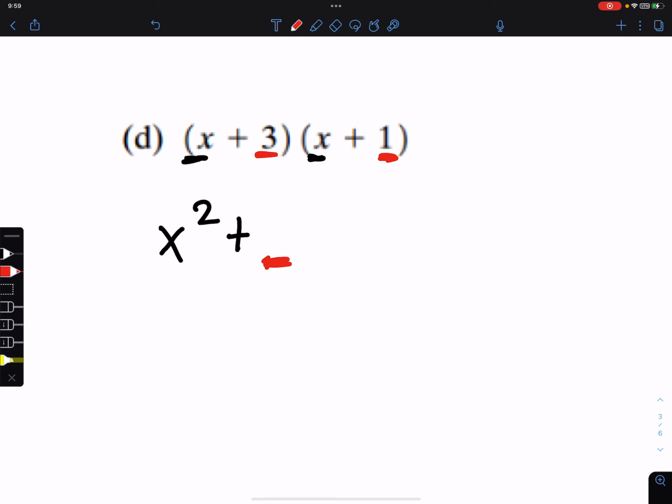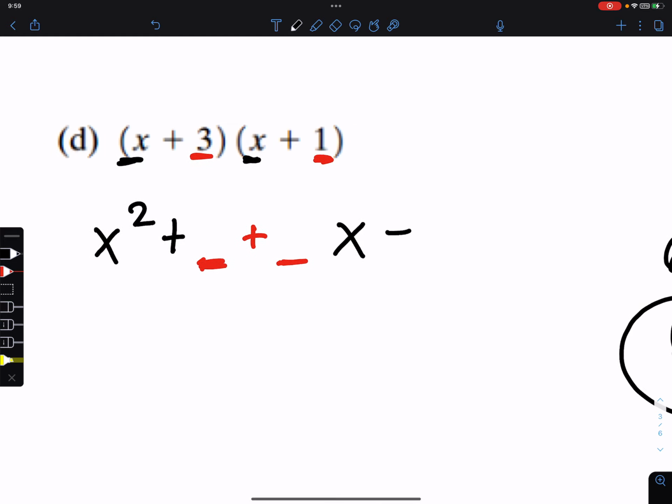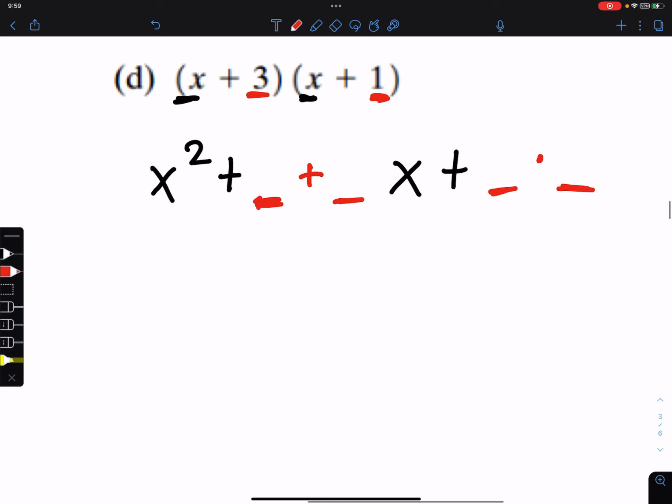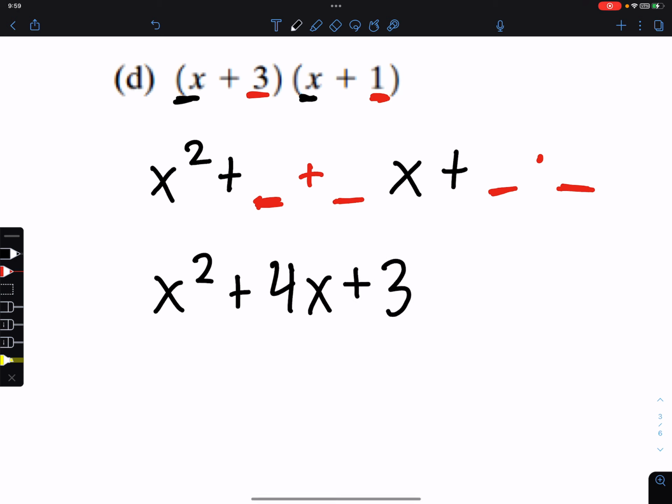Add this, and that will be in front of your x, okay? And then the last one will be this multiplied by this, okay? So if you ask me, that's how I would just get the answer quickly. Okay, 3 plus 1 is 4, and then 3 times 1 is 3.